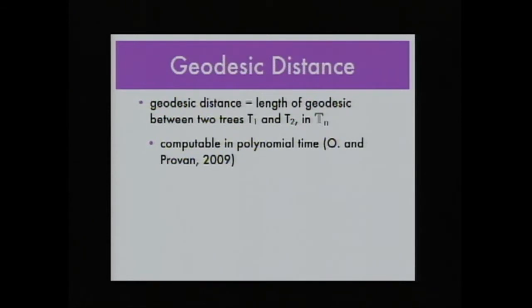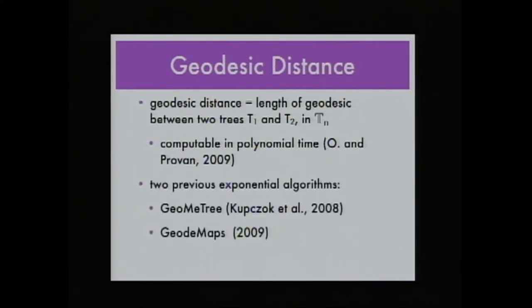I'm going to talk about it now, but you can use it on trees up to about 500 leaves without any problem. So it's got good coefficients. Before that, there were only two other exponential algorithms.